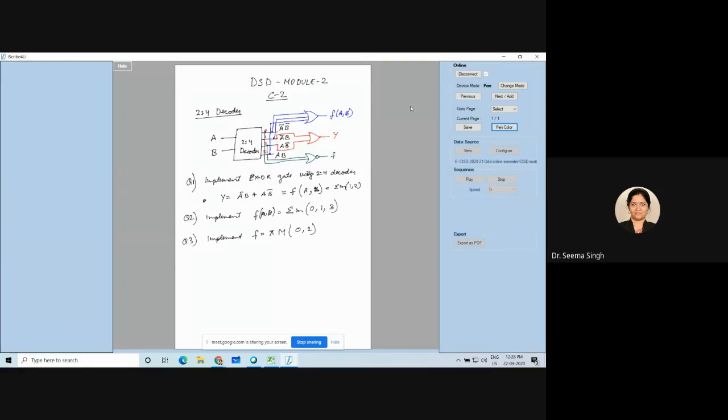You will have to remember that the present 2:4 decoder has active high input and active high output. I will simply put a note here that it has both active high inputs and outputs. Now, whenever you have an active high output, I want you to write a note for this.